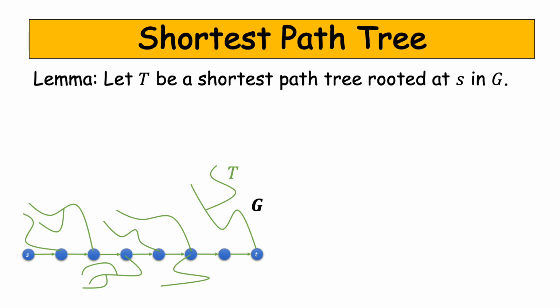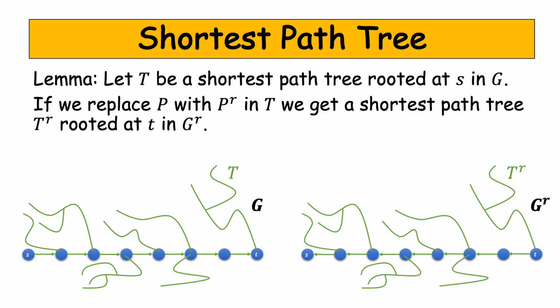So let T be a shortest path tree rooted at S in G, as presented by the green edges in the image. The lemma states that if we replace the path P with PR, then we get a new shortest path tree that is rooted at T in the graph GR, and we denote this tree by TR.